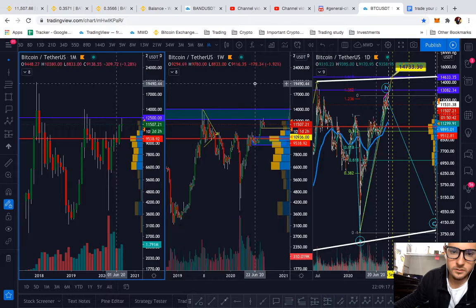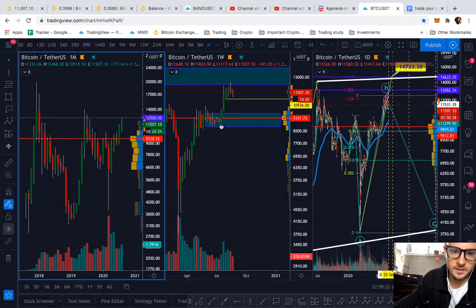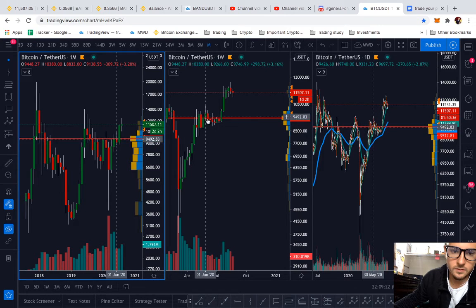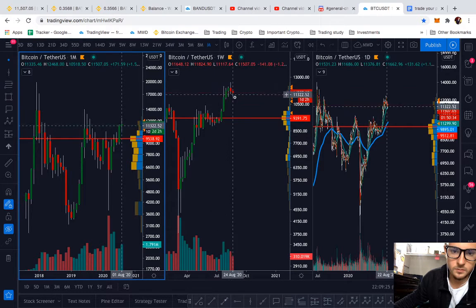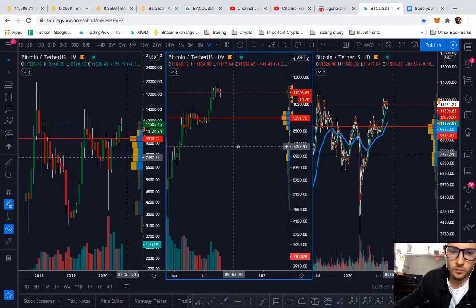Weekly chart, here's the trend. Kind of similar to what it was right here, right? We're getting a lot of volume though. A lot of volume.